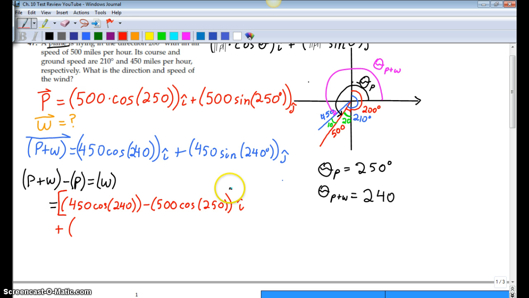You could even bracket that in. Our j hat components are 450 sine 240 minus 500 sine 250.